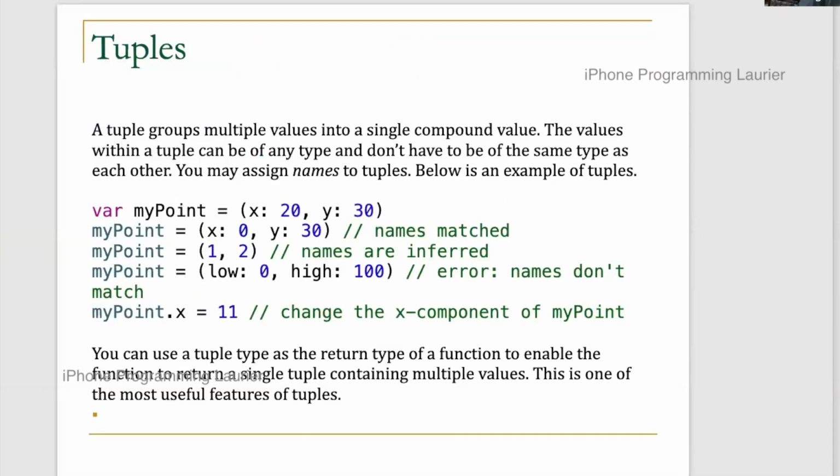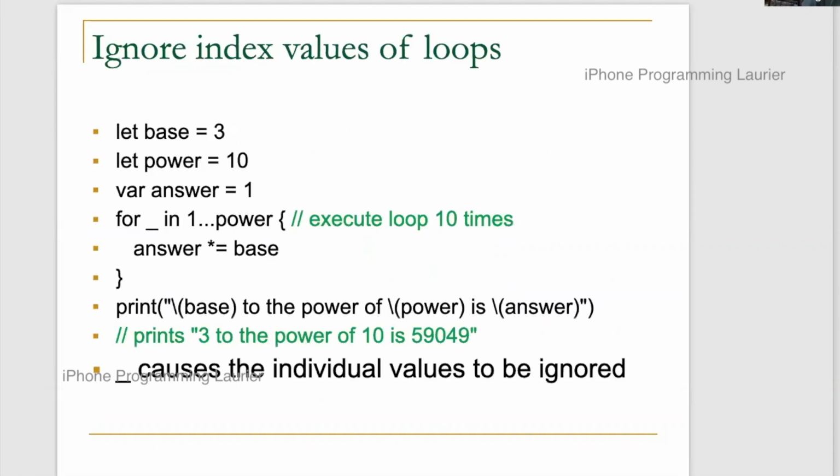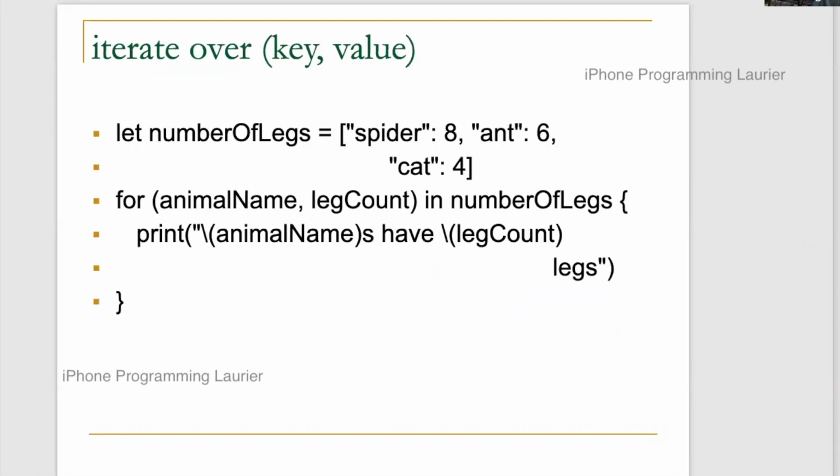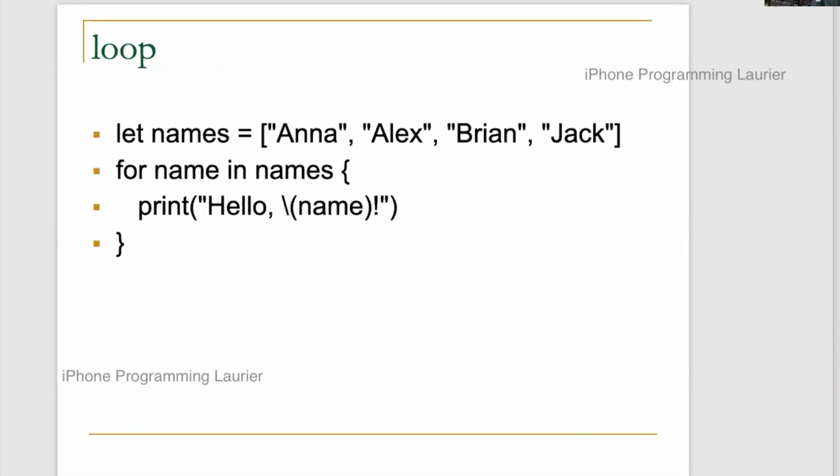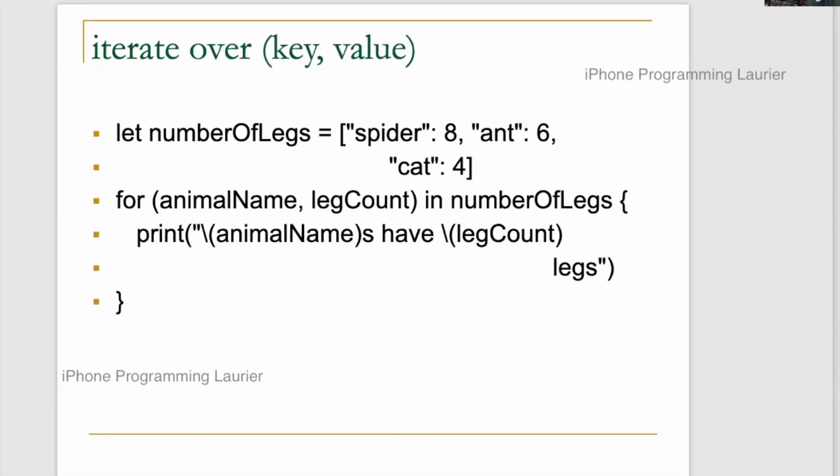Okay, so I want to go over this. Let's say now I define this dictionary, right? With the key and the value. So here the keys are the animals, and the values are the number of legs that the animals have.